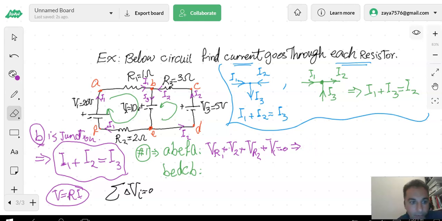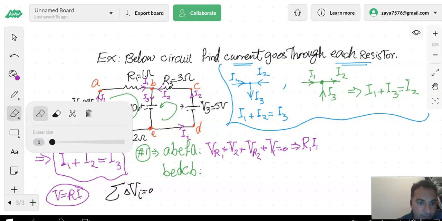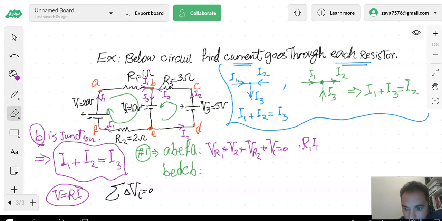I don't like writing with this pen, but I'm going to have minus R1, I1. Am I going in the same direction? I go from A to B. Am I going in the same direction as I1 is? Yes. Because yes, it's minus R1, I1.